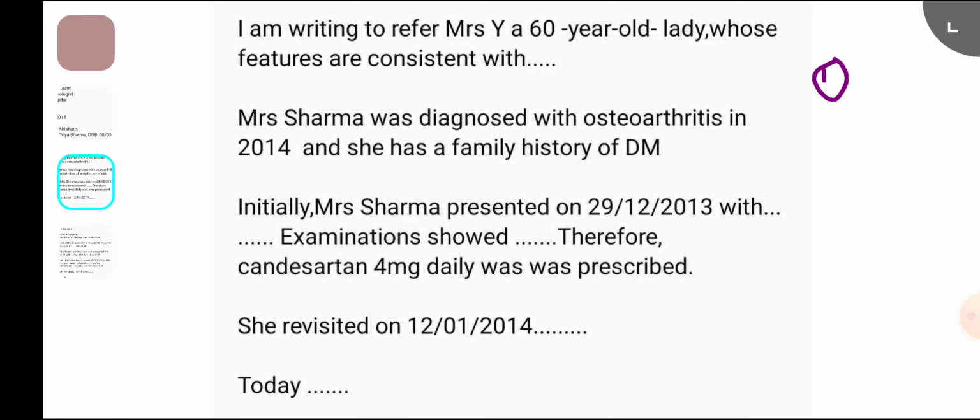And have I included something which should not be included? Like, say, for example, it said to refer to the doctor for a CT scan, and you are not writing a CT scan and you are writing for further assessment and management. This is not asked over there. It was about the CT scan. You are referring a patient about the CT scan.